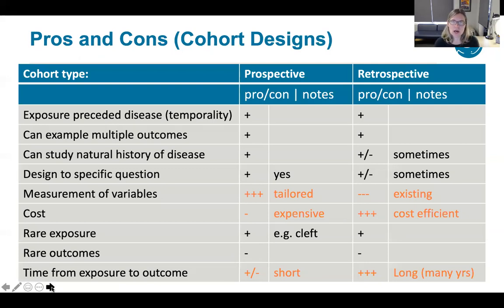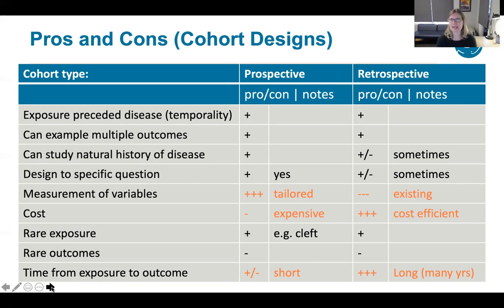There are pros and cons of doing a prospective versus a retrospective cohort. Retrospective cohorts are often much more cost effective because we don't have to recruit people, collect data from them over time, make sure that they participate, and follow up with them.